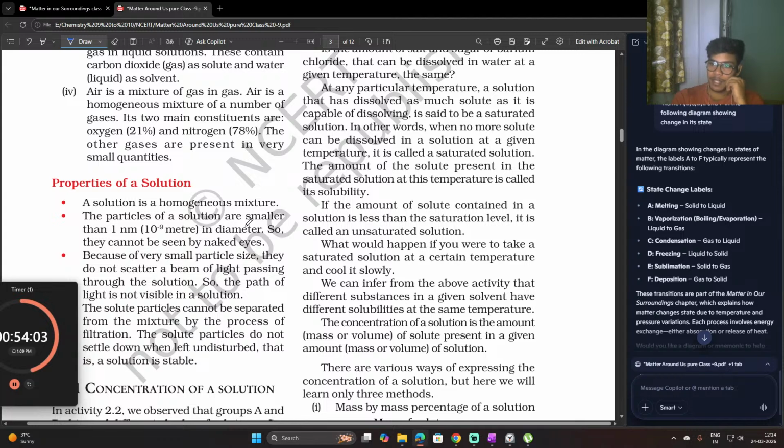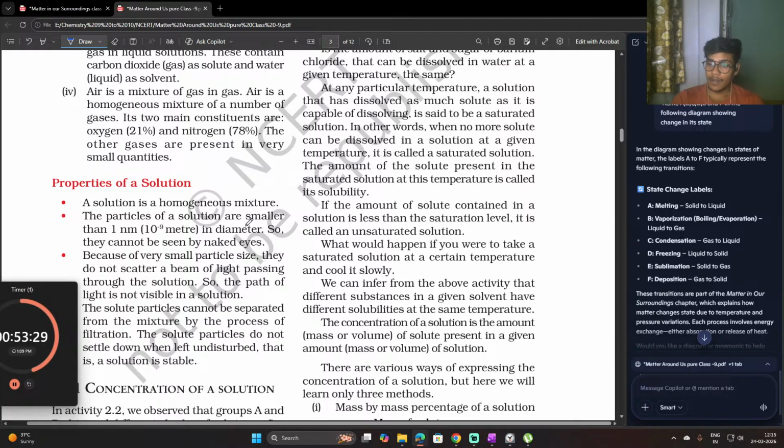The amount of solute present in the saturated solution at this temperature is called its solubility. If the amount of solute contained in a solution is less than the saturation level, it is called an unsaturated solution. So what would happen if you were to take a saturated solution at a certain temperature and cool it slowly?